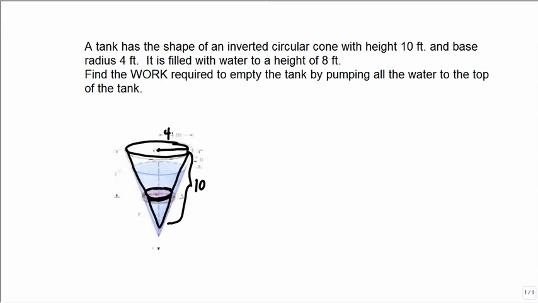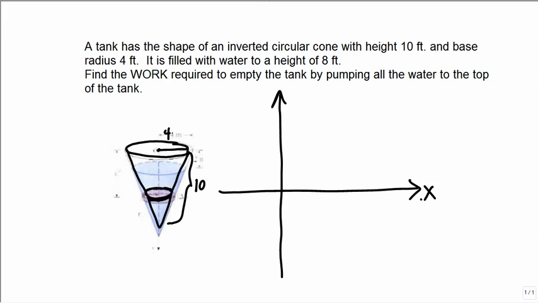So what I'm going to do now is create the region which, when rotated about the y-axis, will give me the right circular cone. Looking at this, you can see that it's going to be a line like this, a y-axis, and a horizontal line, a region which when rotated will give me that right circular cone.